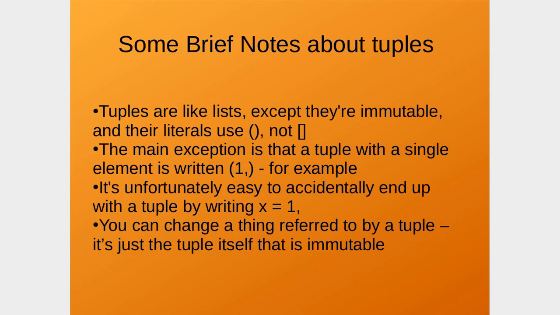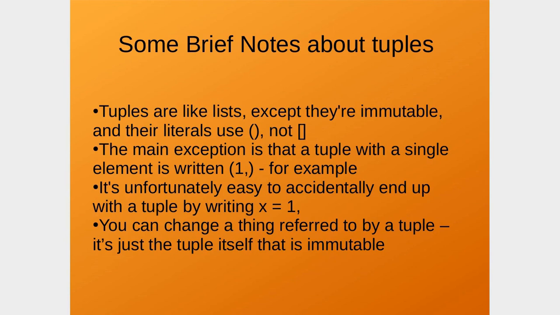And it's unfortunately easy to accidentally end up with a tuple by writing x equals 1 comma. It looks pretty close to x equals 1 period, which would be putting a float in x. This is actually putting a tuple containing just a single element in x, or associating x with that value.